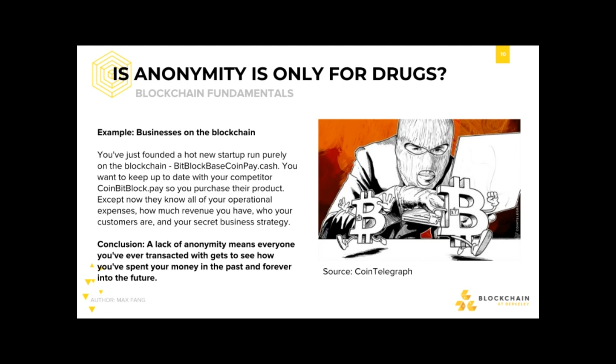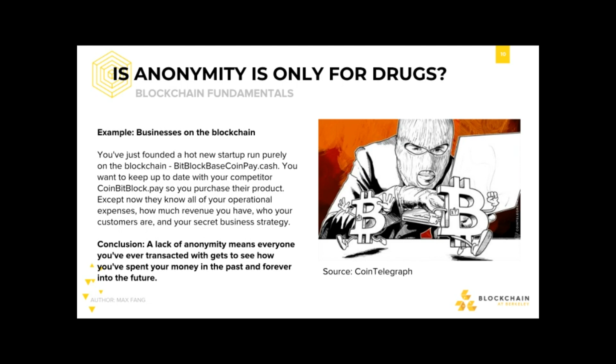Another example is if you're running a business on blockchain. If you have your own startup called BitBlock-BaseCoinPay.cash, and you want to look at what your competitor is doing, and you decide, okay, I'm going to buy some of their goods just so I know what standard it's at, so I can make my goods be the same standard, the same level. So you go to them and you buy something, except you forget to use your personal credit card and you use your business credit card.